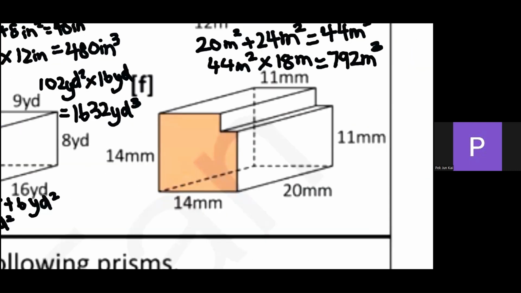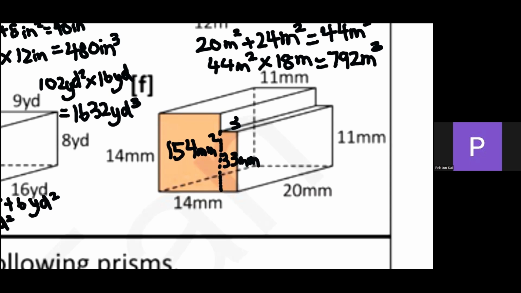Next, question F. We can also split this into two parts. So 14 millimeters times 11 millimeters, we would get 154 millimeters square. And 11 millimeters times 40 millimeters minus 11 millimeters, which is 3. We would get 33 millimeters square.